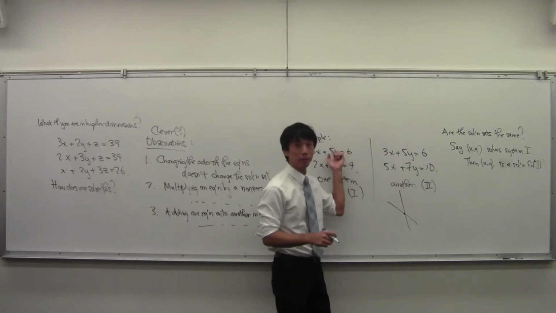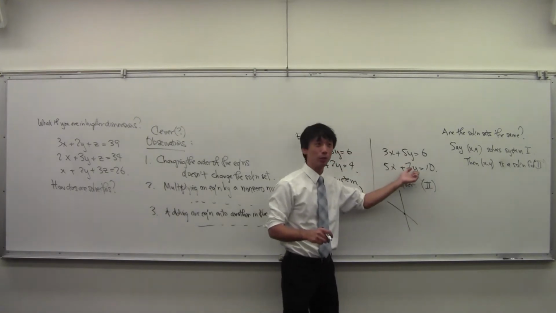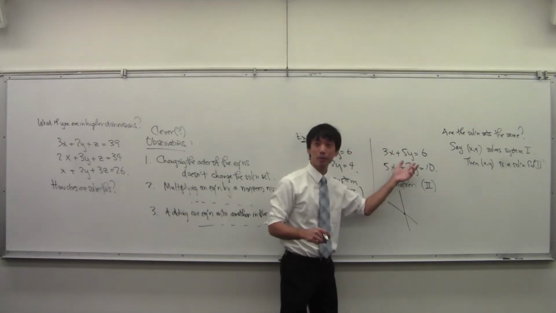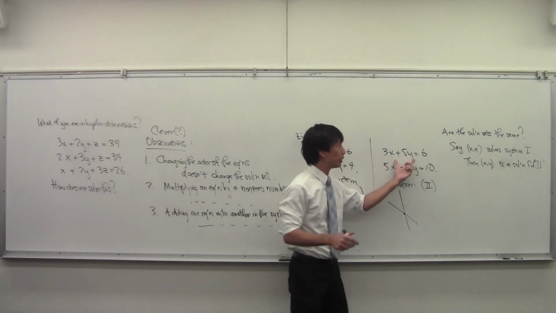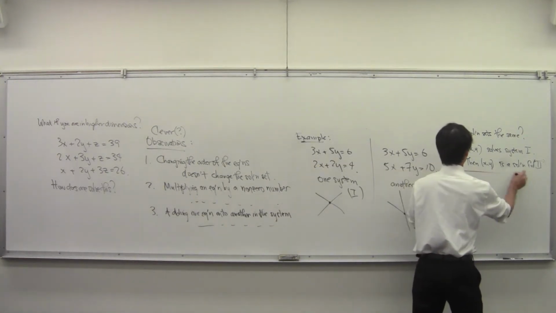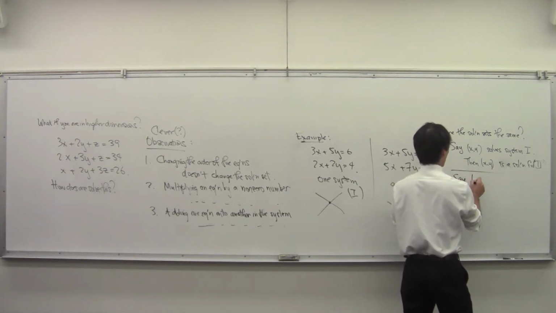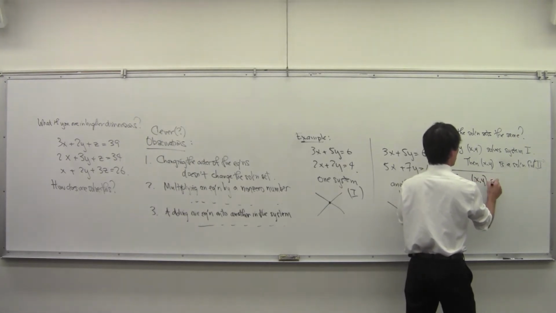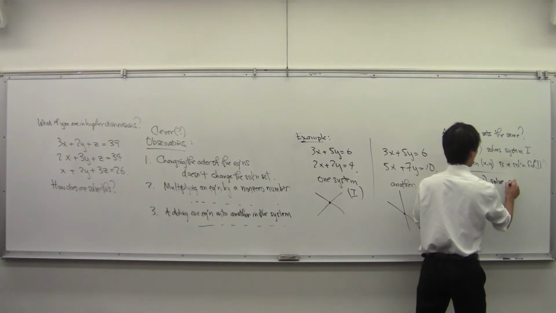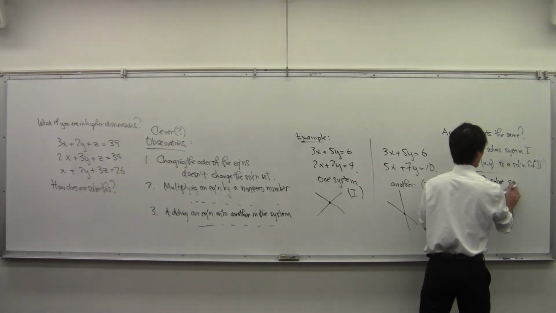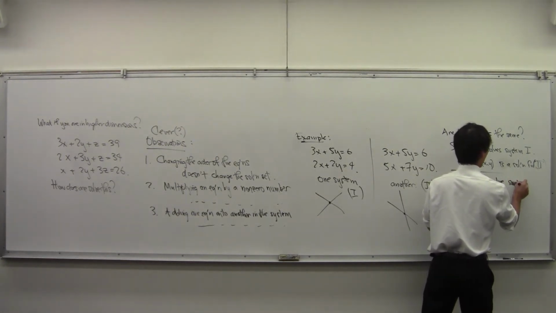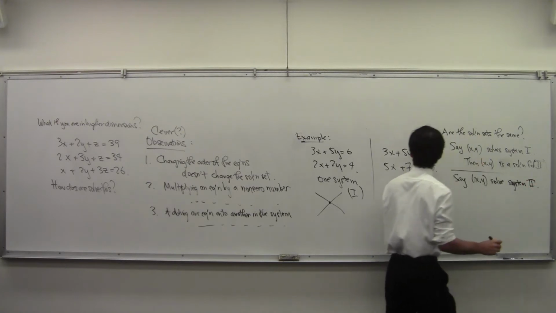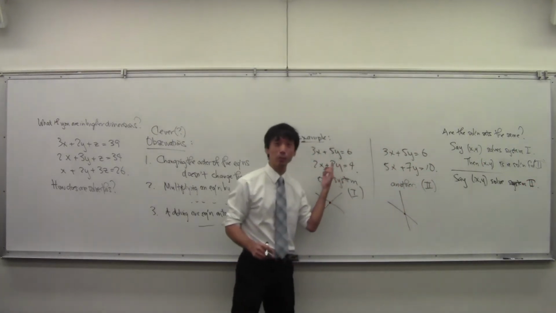So any solution of system 1 is a solution of system 2, right? And going backwards, it's the same thing. Suppose that x and y solve system 2, right? Then do they solve system 1?